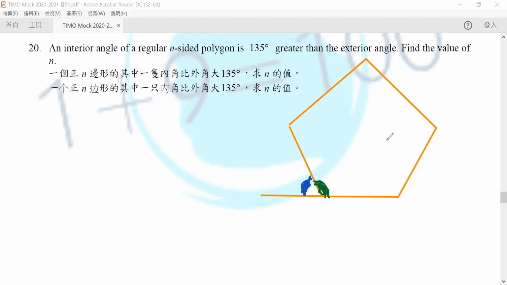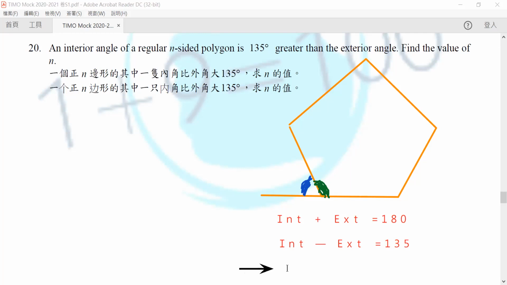So in here, we immediately know that the interior angle plus the exterior angle must equal 180. But we also know that according to our equation, the interior angle minus the exterior angle is equal to 135. So immediately we can deduce the exterior angle.